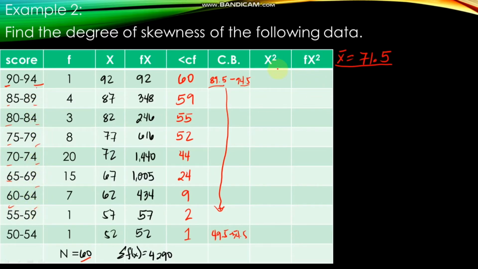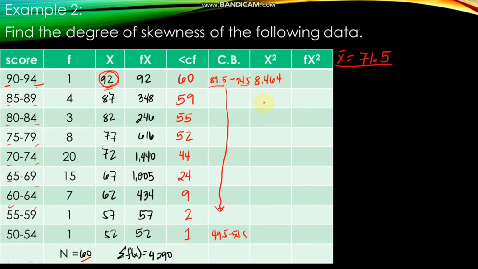Okay? Next, x squared. Remember, what is the value of x? That is 92. So you need to multiply the number by itself. That is x squared. So, 92 times 92, that is 8,464.